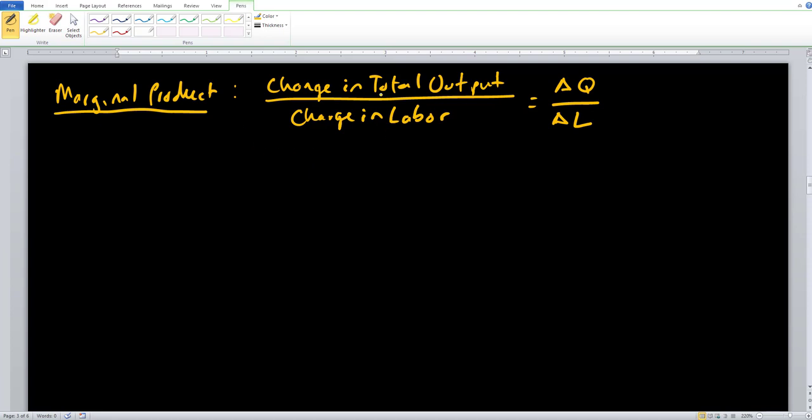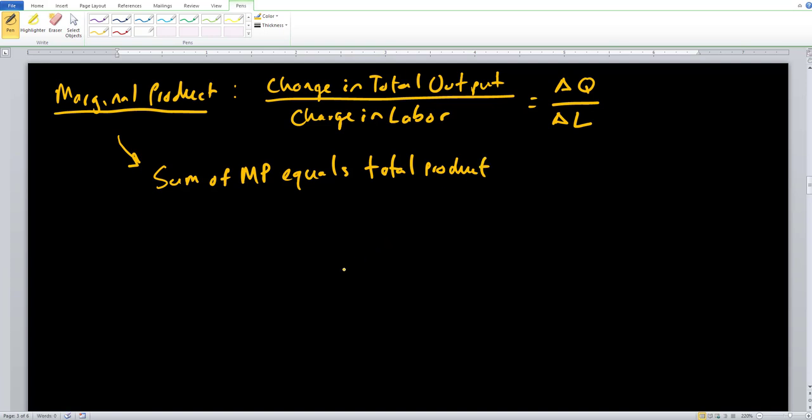And in this instance, once again, we hone in on marginal product a little bit more. As we did with marginal utility, the sum of marginal utilities gave us total utility. We can do the same process here. If we take the sum of marginal product, MP, it equals total product or output, so total product.